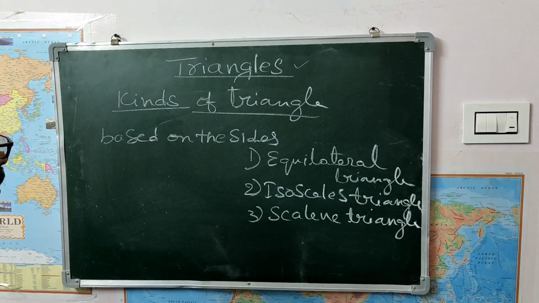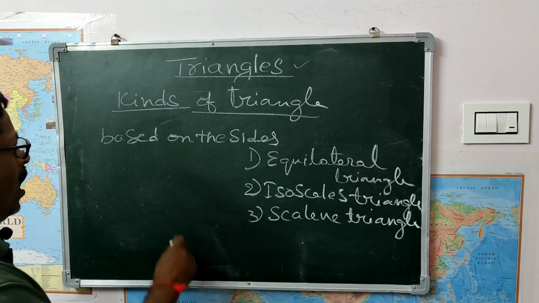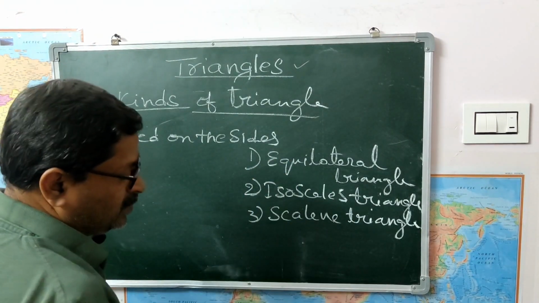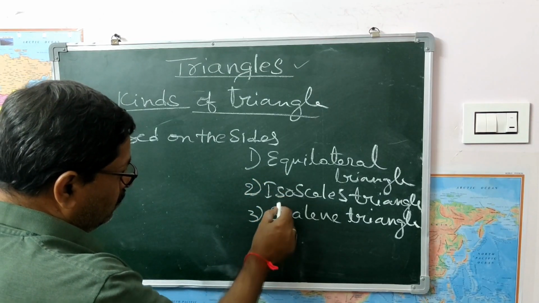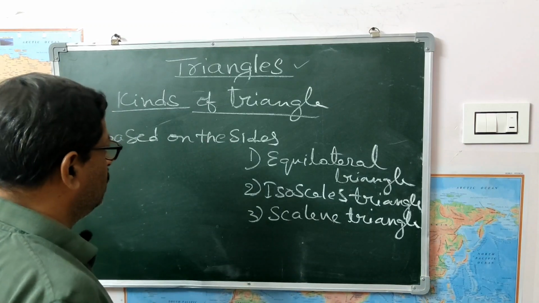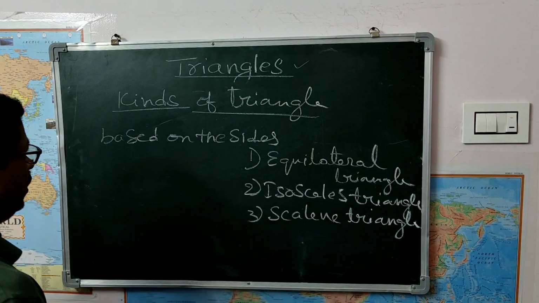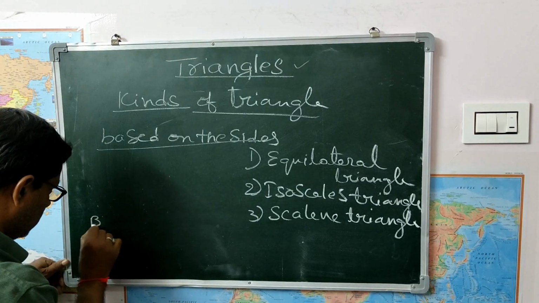See here, we have classified triangles into three types on the basis of their side lengths. We will discuss the properties of these three kinds in detail. Another classification is based on the angles.